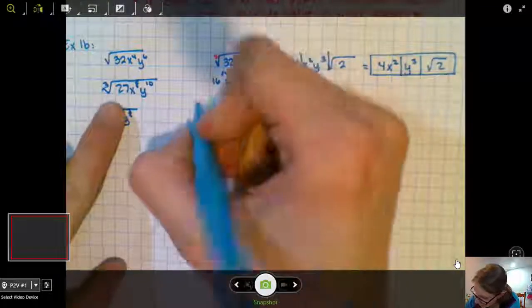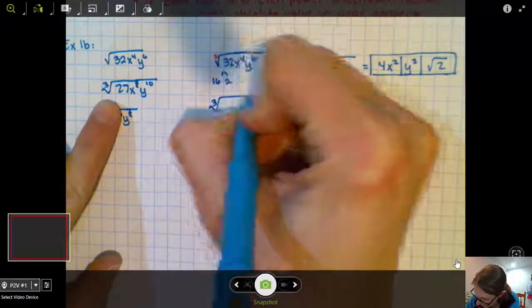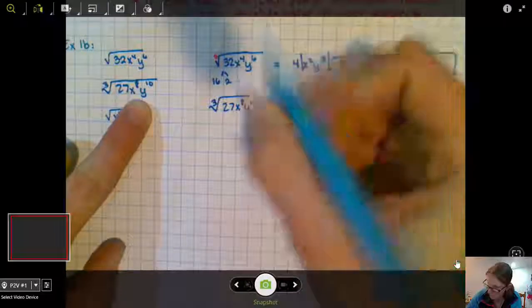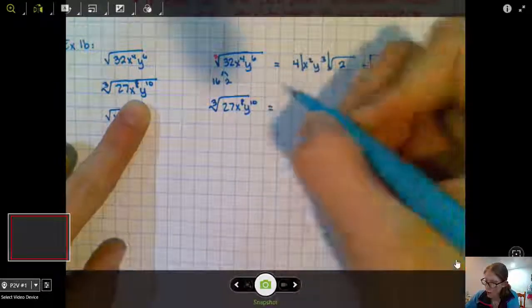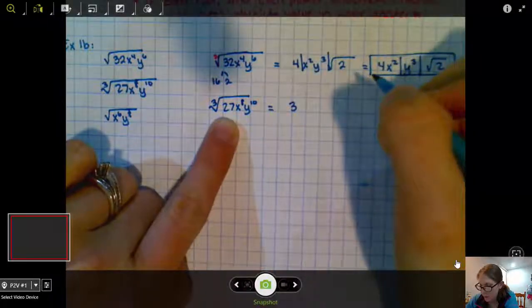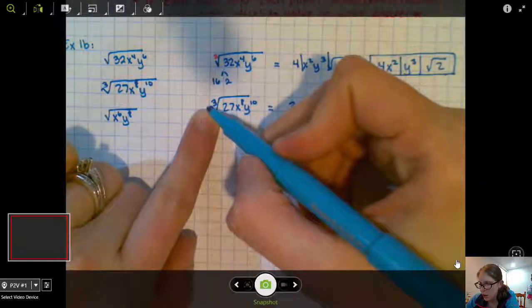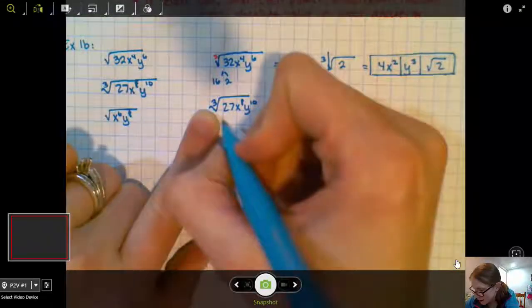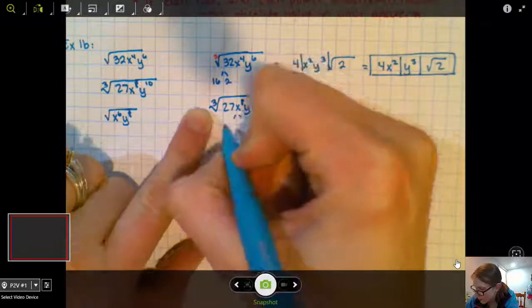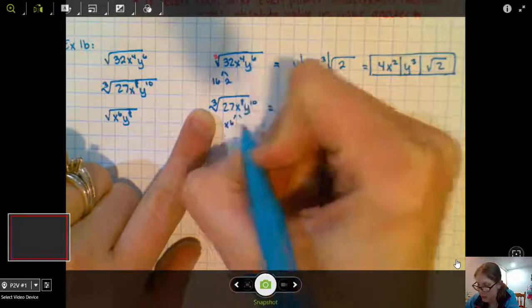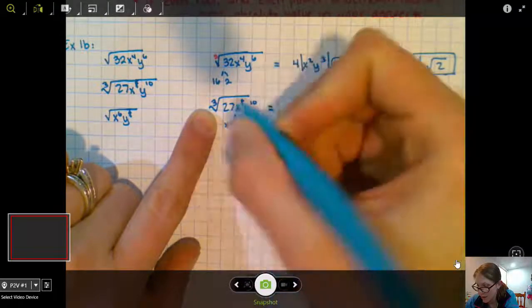In my next situation, the cube root of 27x to the 8th, y to the 10th. The cube root of 27 we can do easily, that's 3. The cube root of x to the 8th is a little bit tricky because x to the 8th is x to the 6th times x squared.